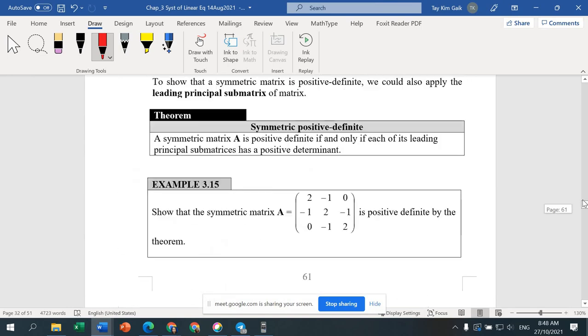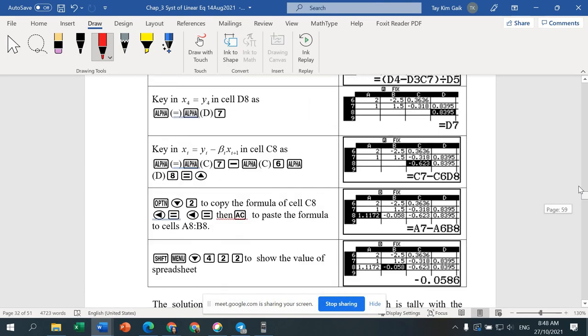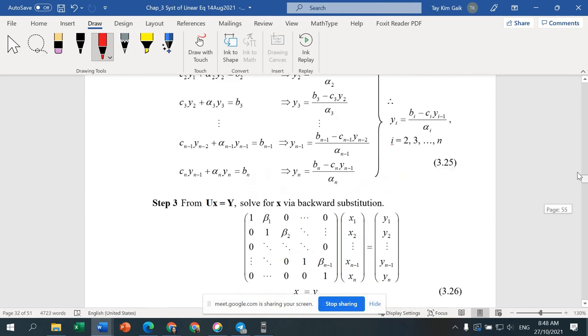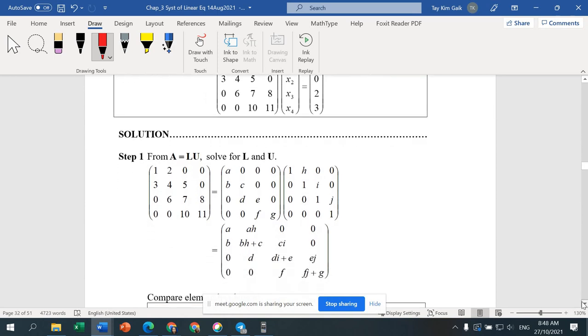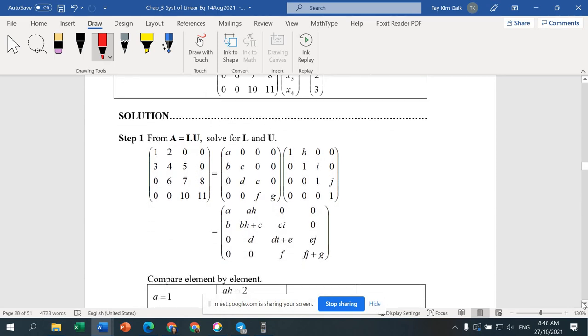When you get the wrong L and U, you are only wasting time. This is Thomas for 4 by 4. The keyword for Thomas: U at the diagonal must be 1, and the bottom part 0, so that when you multiply these two matrices, you will get back tridiagonal matrices.